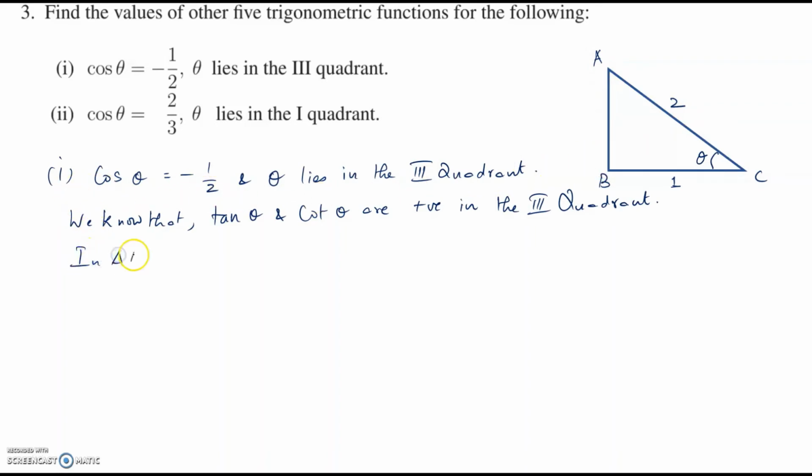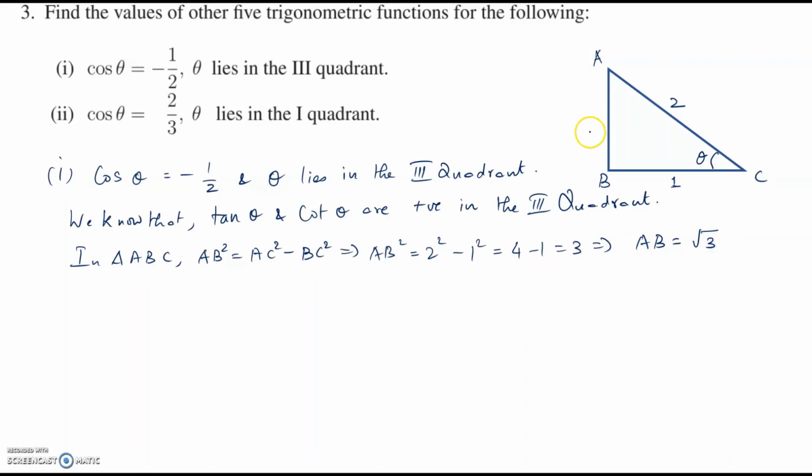In triangle ABC, AB squared is equal to AC squared minus BC squared. So AB squared is equal to 2 squared minus 1 squared, which is 4 minus 1, and that is 3, which implies AB is equal to root 3.